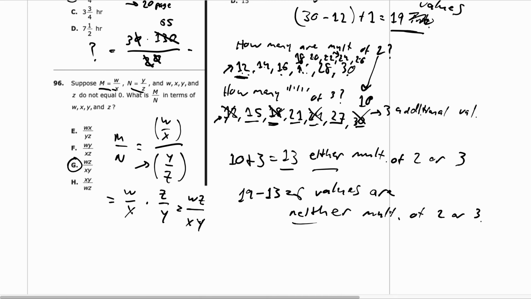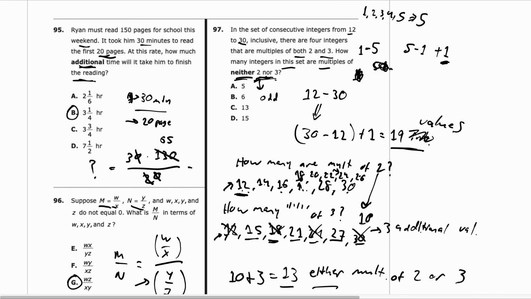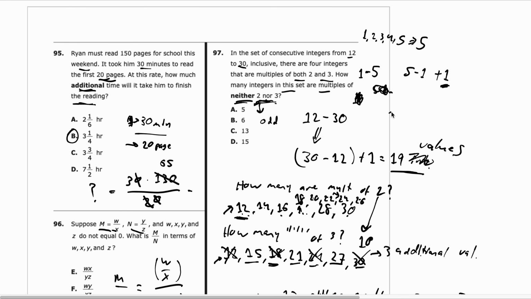Now, if this process was confusing to you, you can always just go through each value and see, okay, this is a multiple of 2 and 3, therefore this doesn't work. This is not a multiple of 2 or 3, so this is 1. This is a multiple of 2, so that doesn't work.